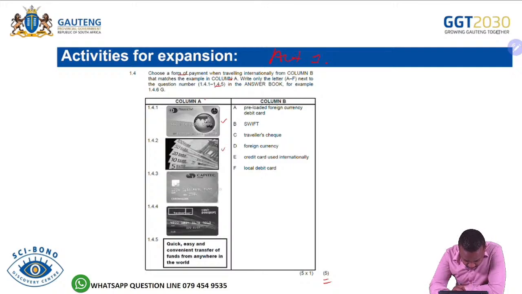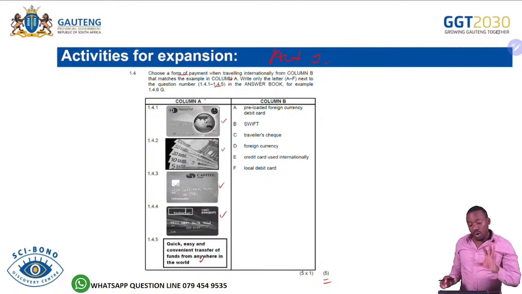And then here we've got a credit card. There you've got a cash passport. Here it is our preloaded foreign credit card. Then here the description. Remember when I started, this is a quick, easy and convenient way to transfer funds from anywhere in the world.